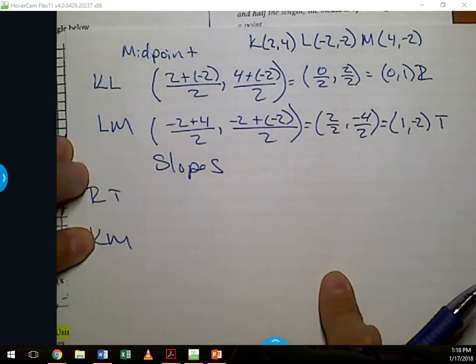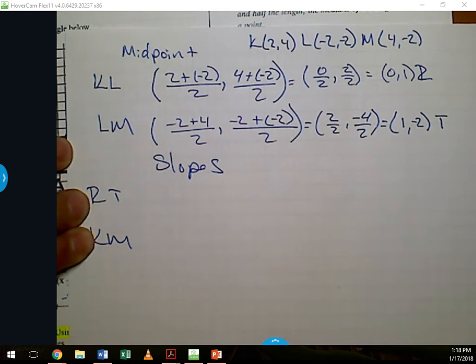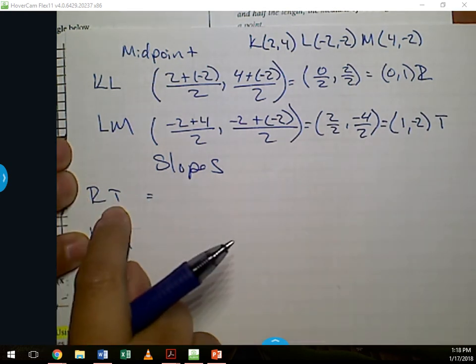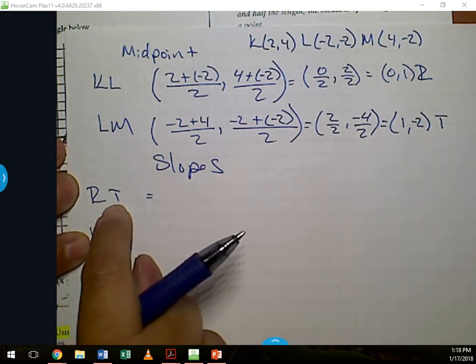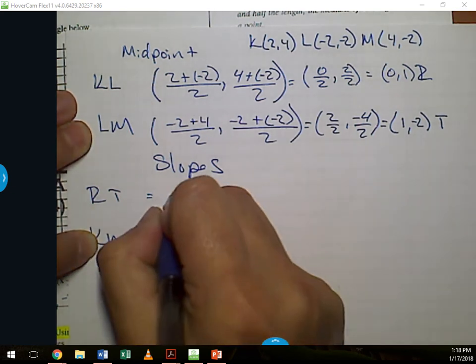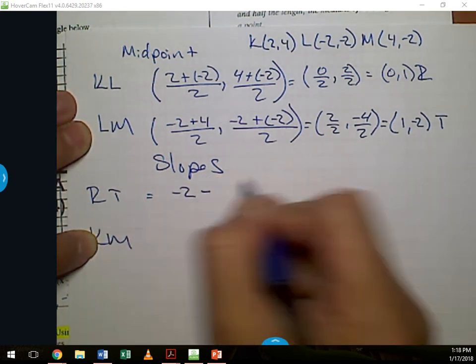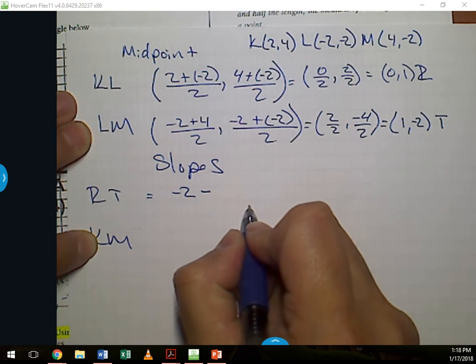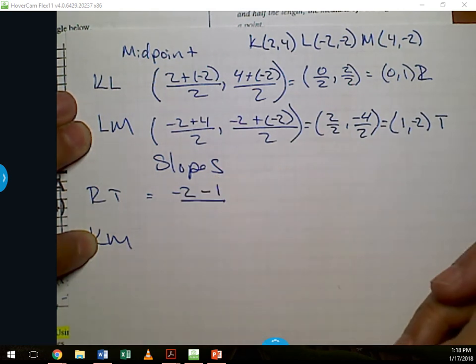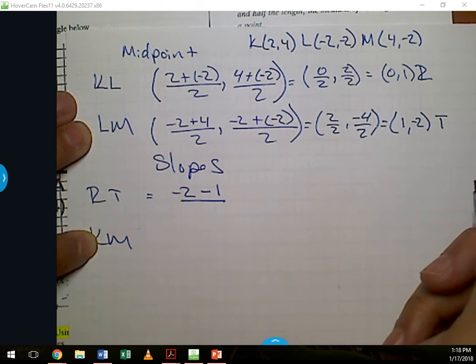All right, so slopes. So for my slope formula, T is my second point, right? So what is the Y from my second point? So negative 2 minus, what is Y from my first point? 1 over. What is X from my second point?